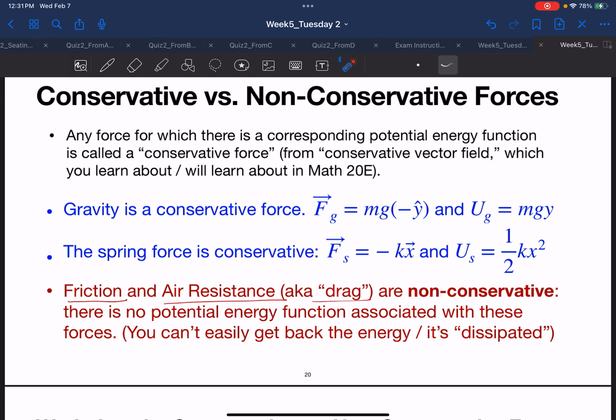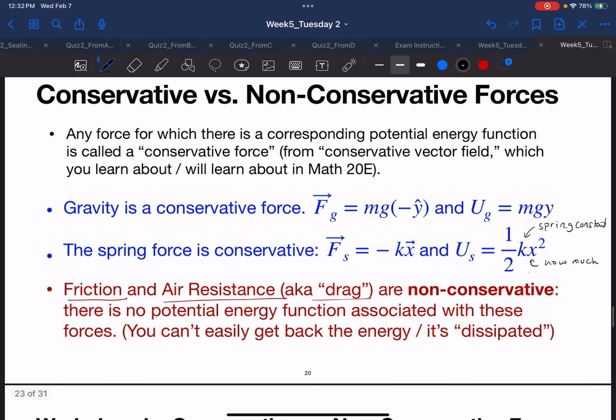And the corresponding potential energy function for a spring is 1/2 kx squared, where k is our spring constant, and x is how much compression or stretch of the spring we have.